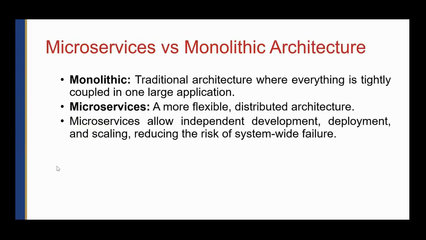Next, we are going to see the comparison between microservices and the old monolithic architecture. Traditional monolithic architecture tightly couples all the components of the application into a single large system. This has some demerits: it is very hard to scale and update the system.